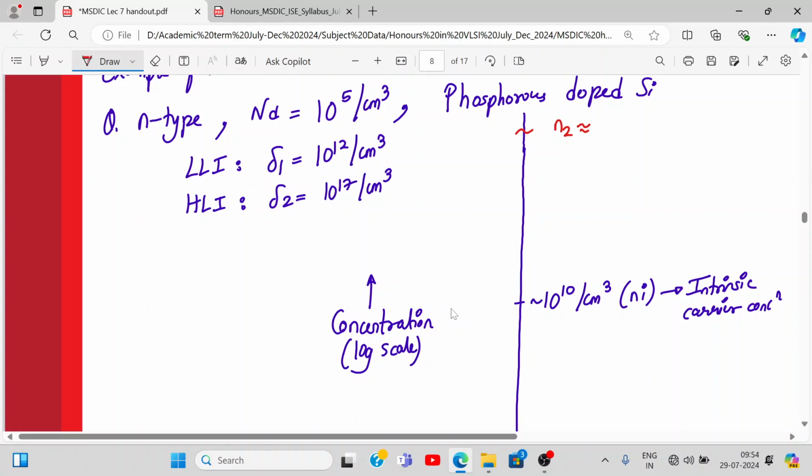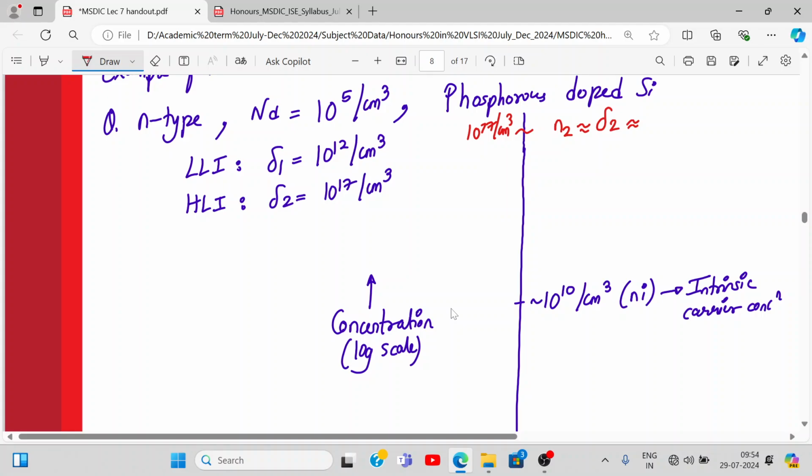Why p2? For high level injection it doesn't matter, delta n is equal to delta p, right? So n2 will be equal to delta 2, which is 10 power 17 per centimeter cube.